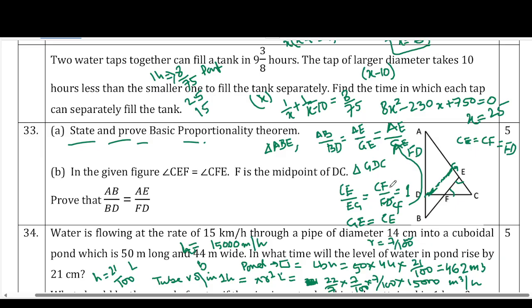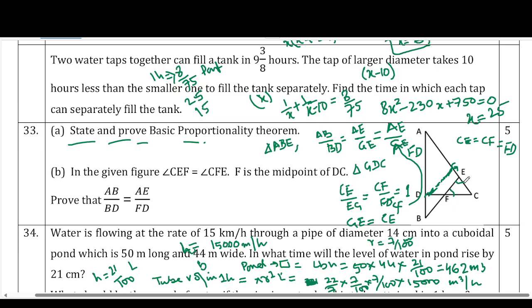Now for triangle GDC, CF by FD, these two are equal to 1, so GE equals CE. Now you got GE equal to CE, so you can put CE here.